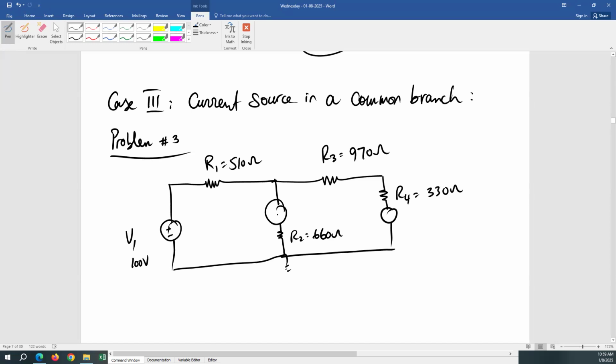Let's say these are 4 resistors. And let's say this is the current source, IS, which is, let's say, 100 milliampere. And this is another voltage source.